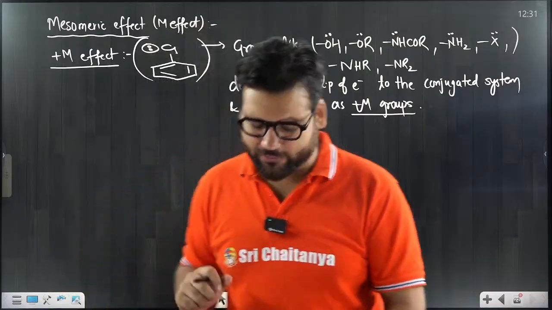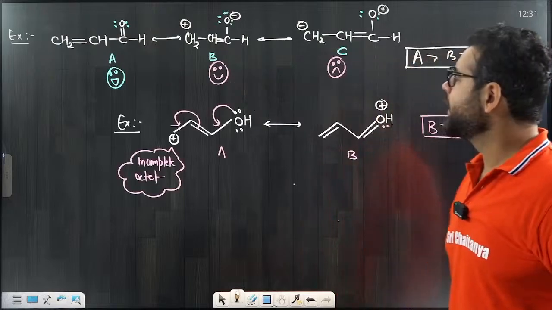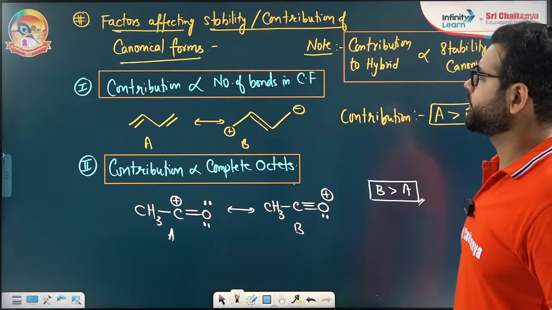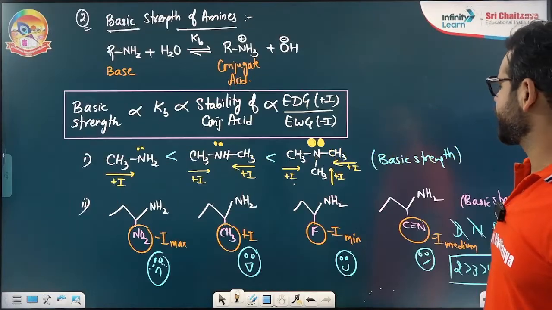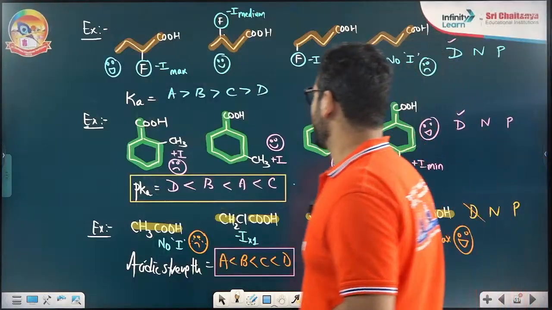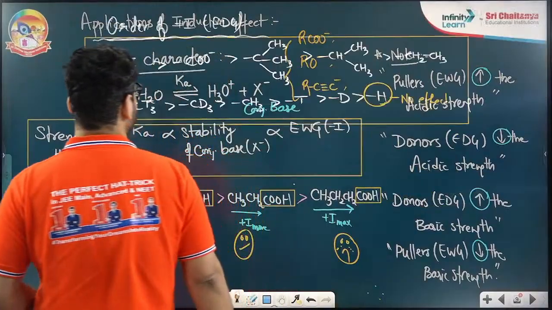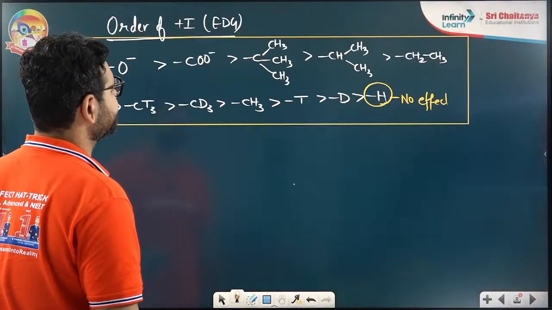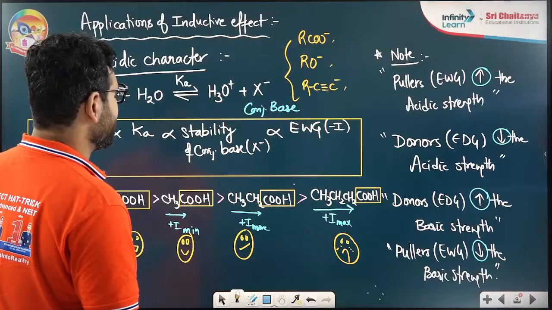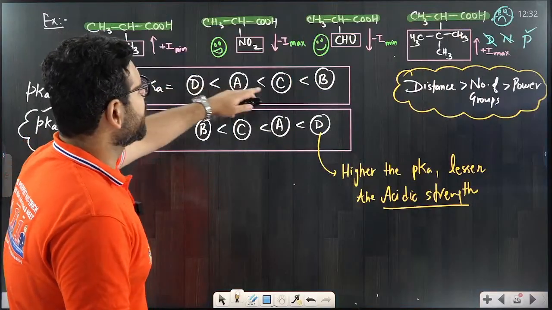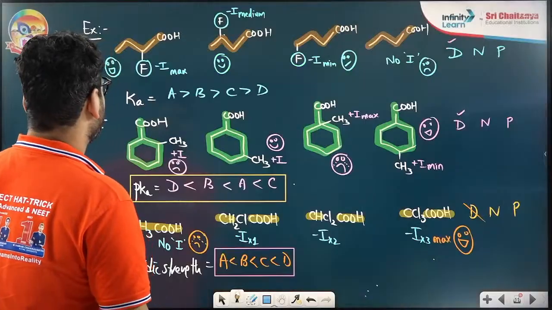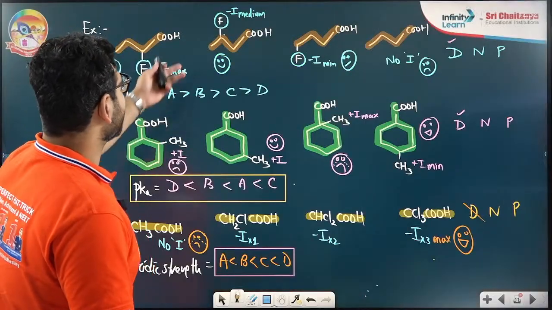For example, I have shown you a few examples in the inductive effect. I never showed you any conjugation there. In the inductive effect, when I took the examples, like here, look at fluorine.